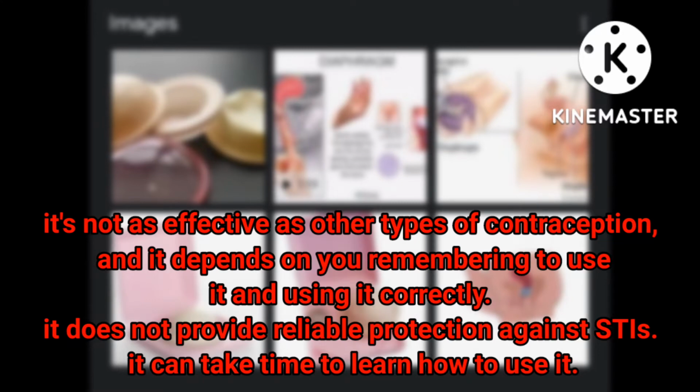Disadvantages: it's not as effective as other types of contraception, and it depends on you remembering to use it and using it correctly. It does not provide reliable protection against STIs. It can take time to learn how to use it.